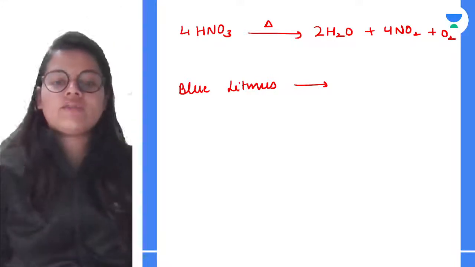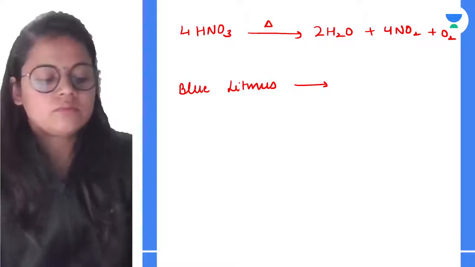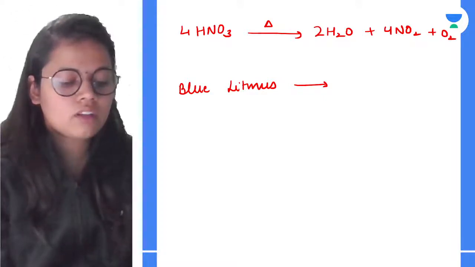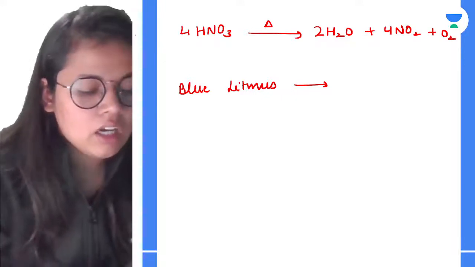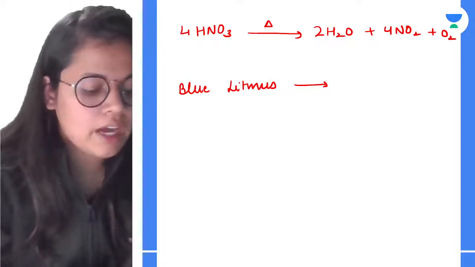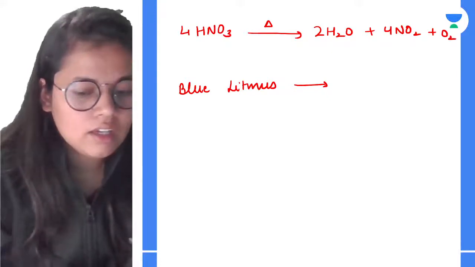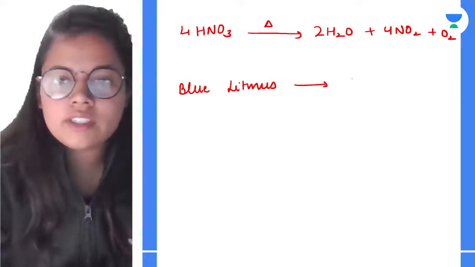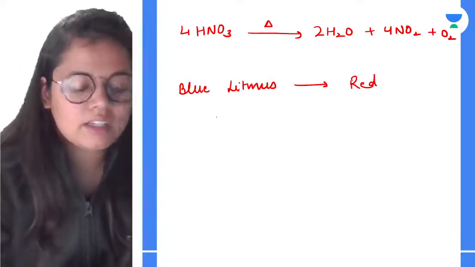What effect will nitric acid show on blue litmus? Next HCl, so we are going to take hydrogen chloride also. All right, so blue litmus is converted to red. Very good, correct.